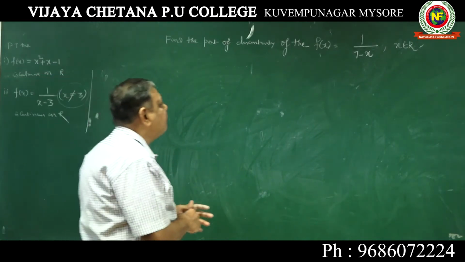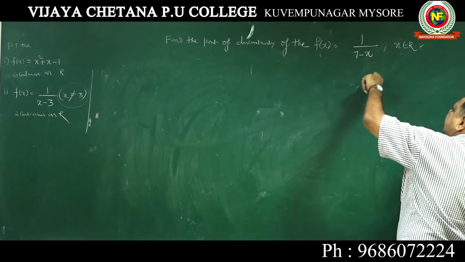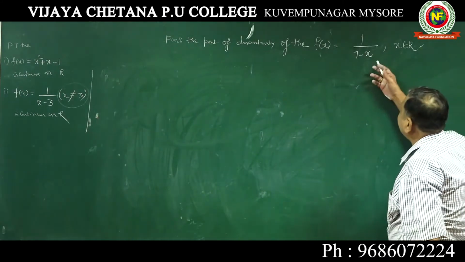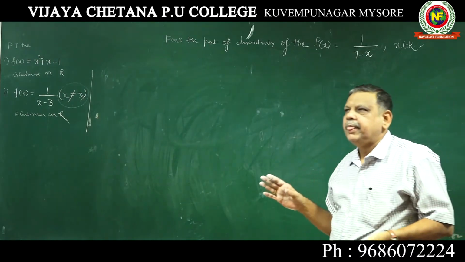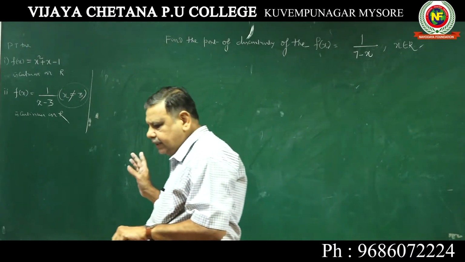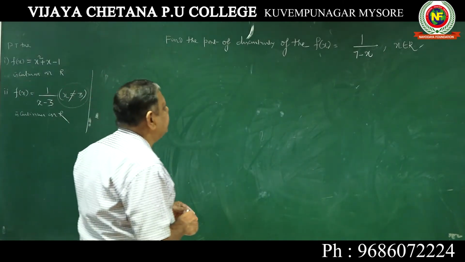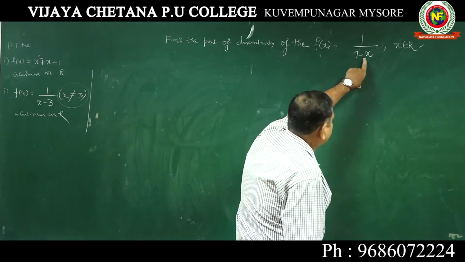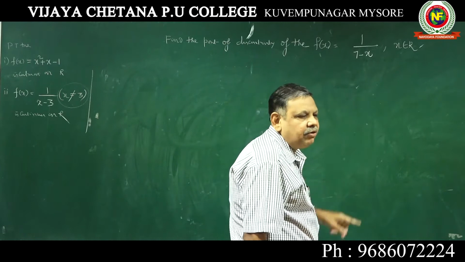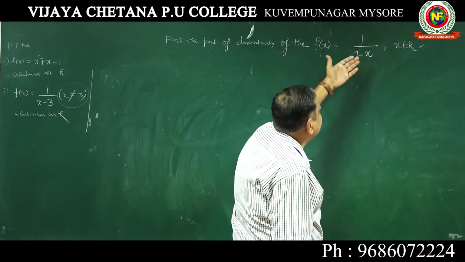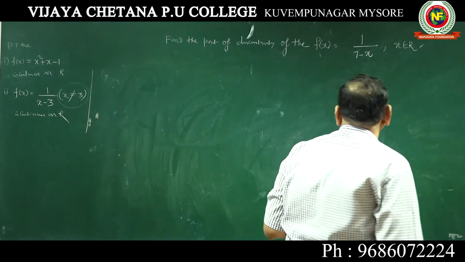If you take f of c, it is 1 over 7 minus c, and the limit also exists, so it is continuous. But for one particular point it is a discontinuous function. If you put x equal to 7, it is 1 over 7 minus 7, 1 over 0, that means the function itself is not defined.